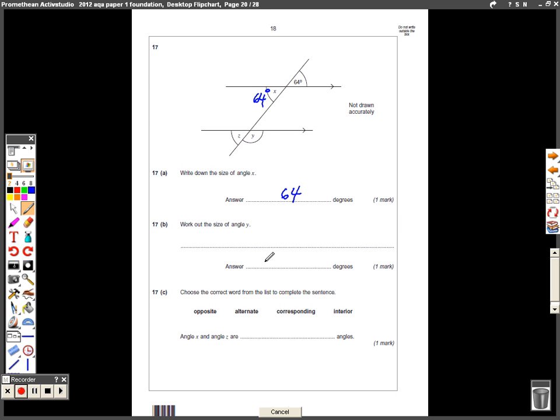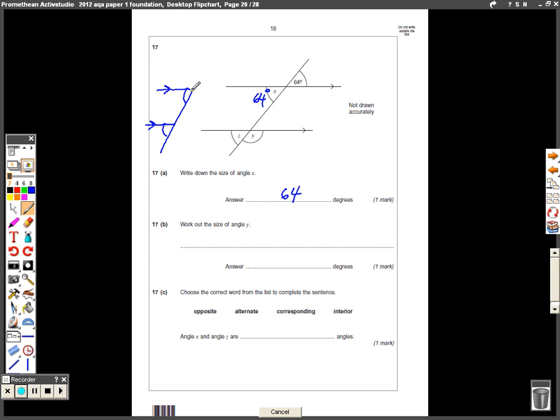Work out the size of angle y. Well, we've got these two angles that look the same. They make an F shape, and if they make an F shape, they are the same, and they're known as corresponding.